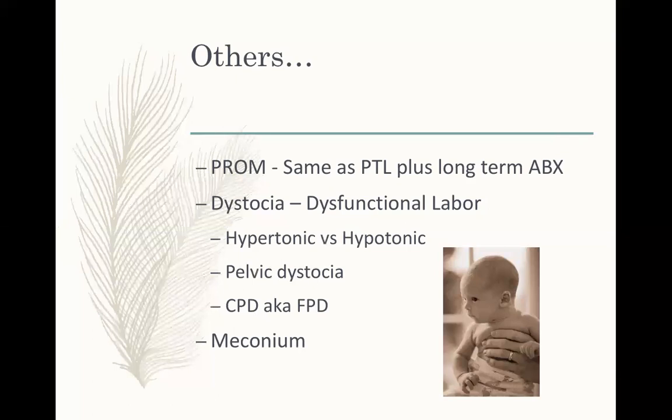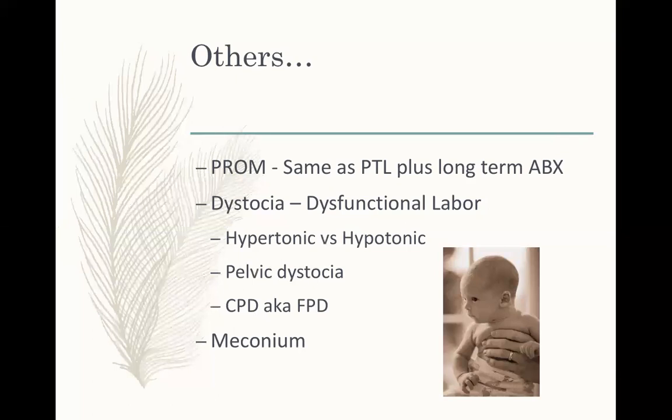A dystocia is any dysfunctional labor, whether preterm or term. It happens in about 8 to 11% of all births. And a dystocia is going to be a problem with one of our Ps. Remember our 5 Ps from the previous lecture? So something's going wrong with our labor, and one of the Ps isn't functioning appropriately. So we have a dystocia.